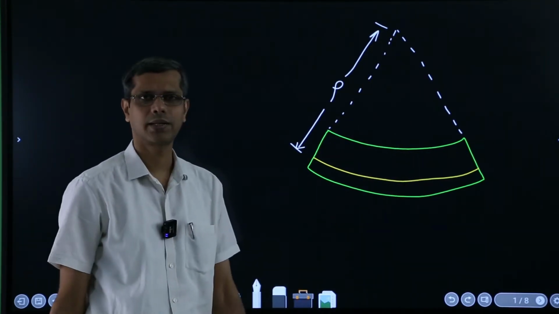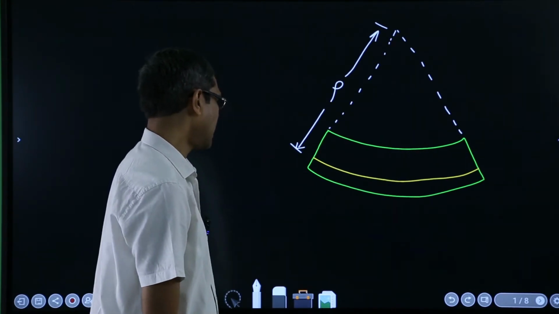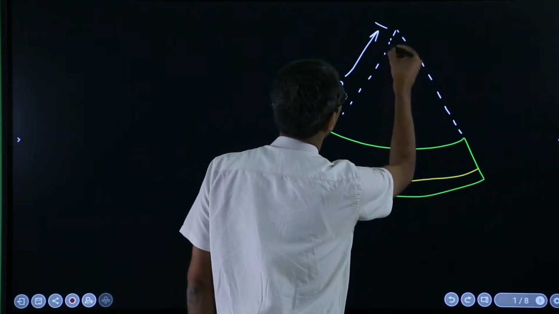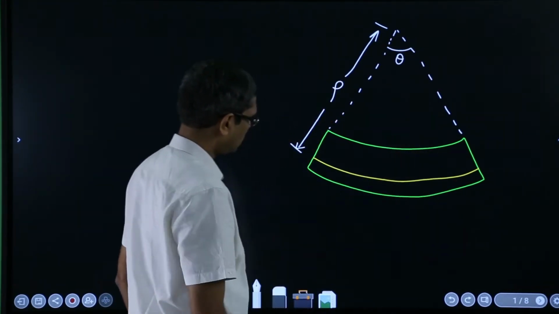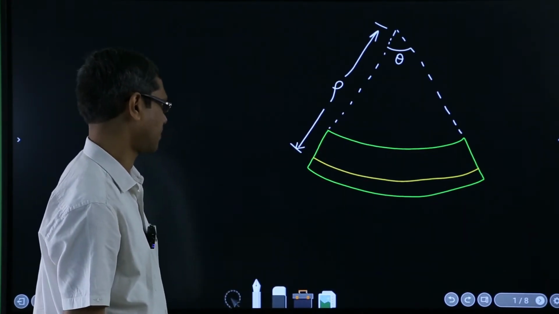Neutral because it is neither extended nor compressed. And let us say the angle that the arc subtends at the center is theta.